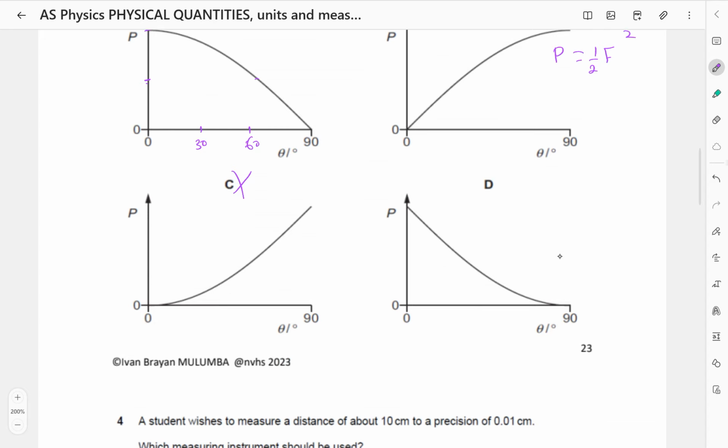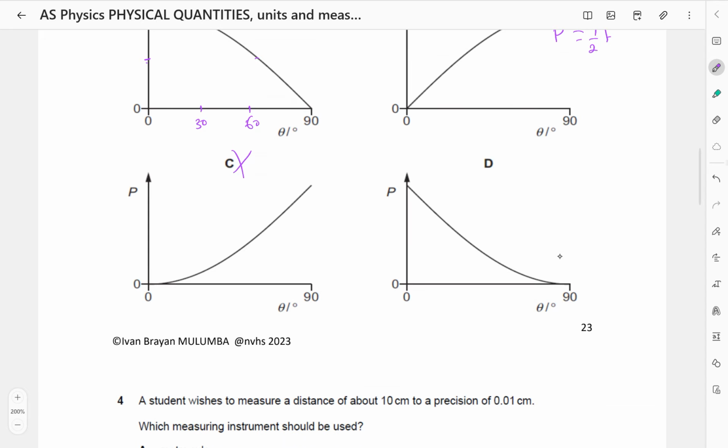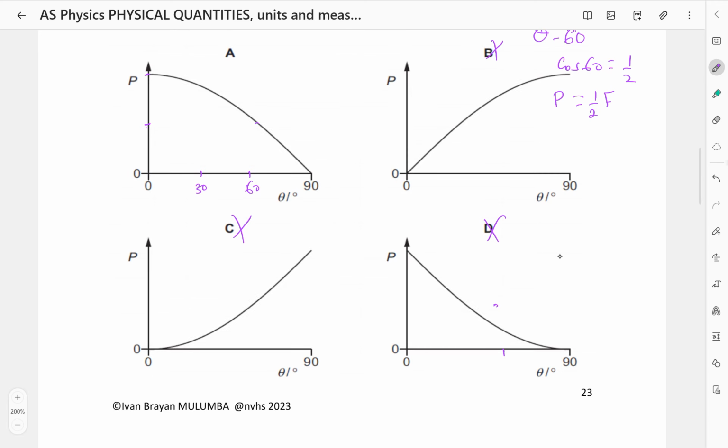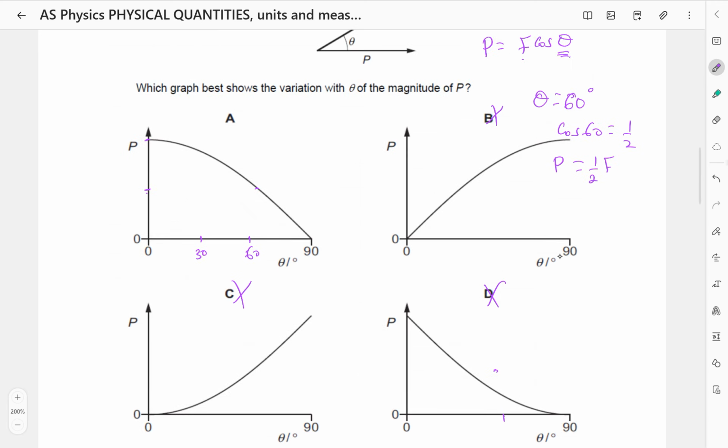If 60 is around here, halfway would be somewhere here. That means this graph is wrong. I have checked 60; you could also check 30, but therefore the answer is going to be A.